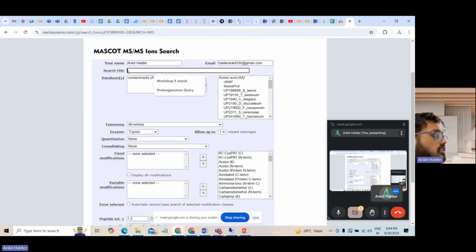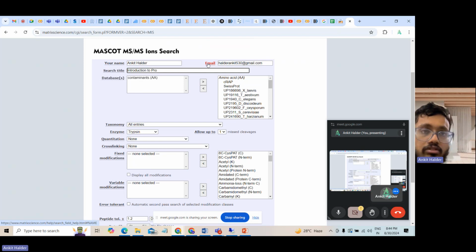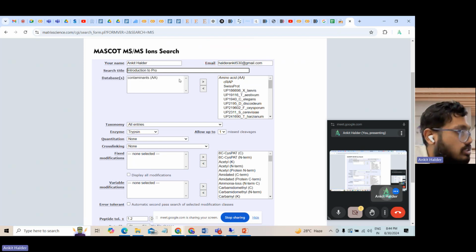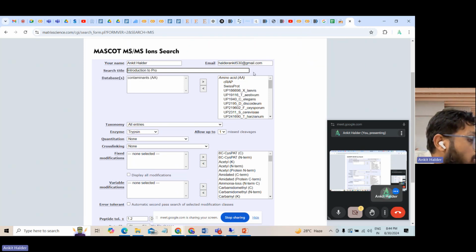We can use the search title. This is from the Proteomics section. You need to create your account ID if you want to do it. Since I already have an account, it automatically takes the username and the email ID.